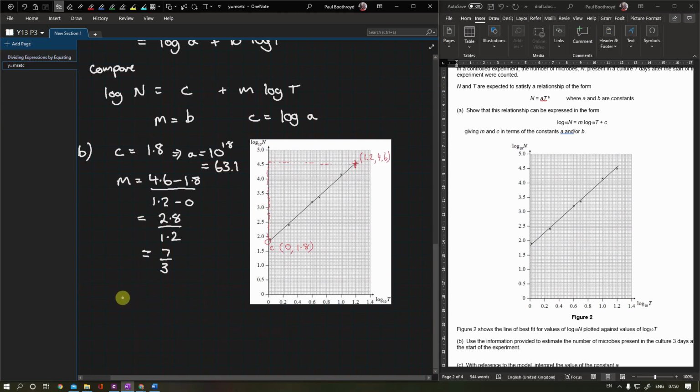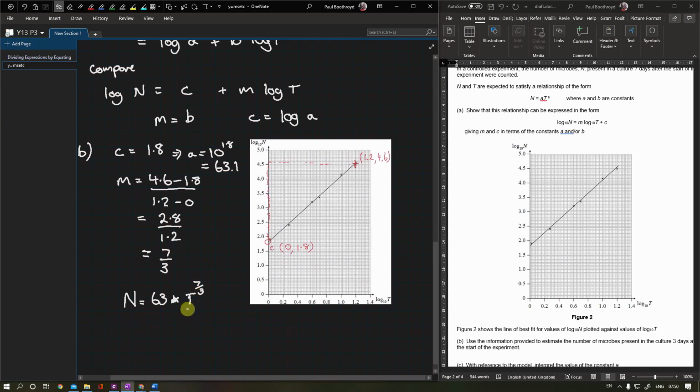So we get our final thing, which is n is equal to 63, our starting number of bacteria, times the, or it's a model, we don't necessarily know it's bacteria, do we? Oh no, microbes, so it is a number. So 63 times our value of t to the power of 7 over 3.